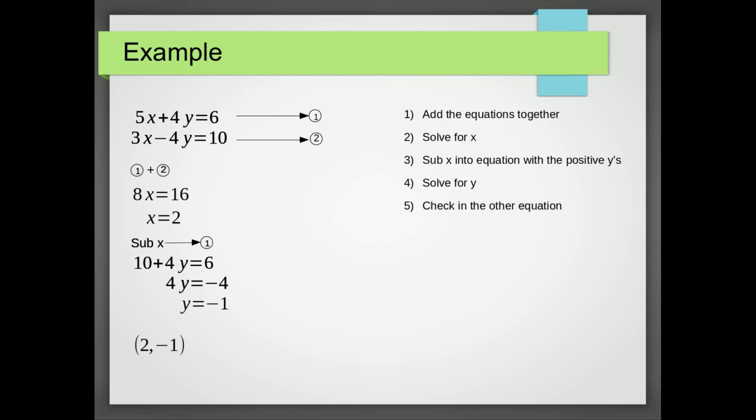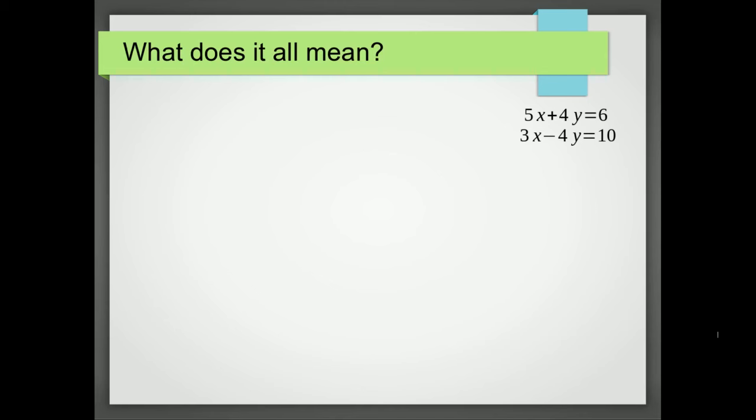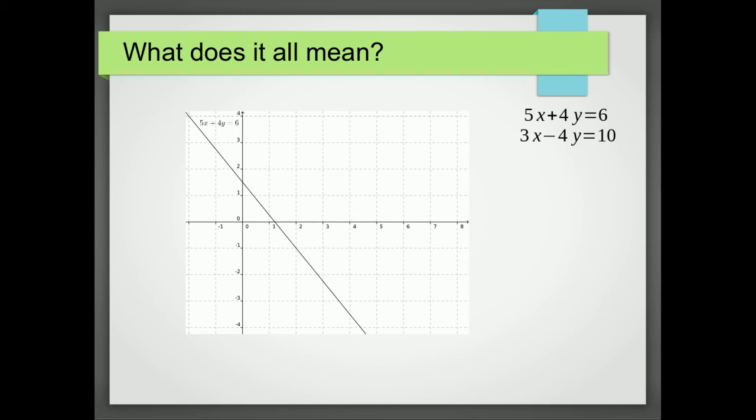Well, why do we do it like that? Well, let's look at what we've got here. We've got our 2 equations, 5x plus 4y equals 6, and 3x minus 4y equals 10 that we had before. Well, they're both equations of lines. So let's draw the first line, 5x plus 4y equals 6, and we get that line going down there.